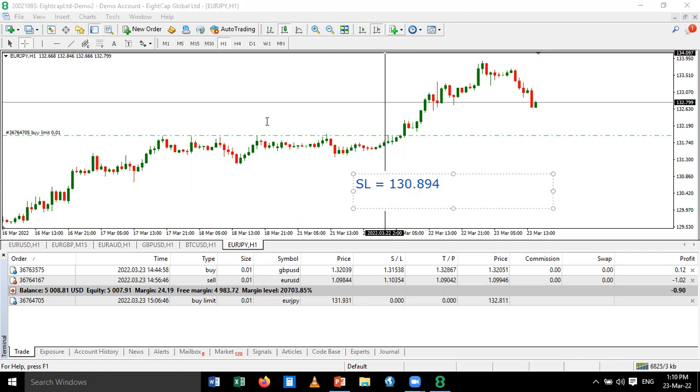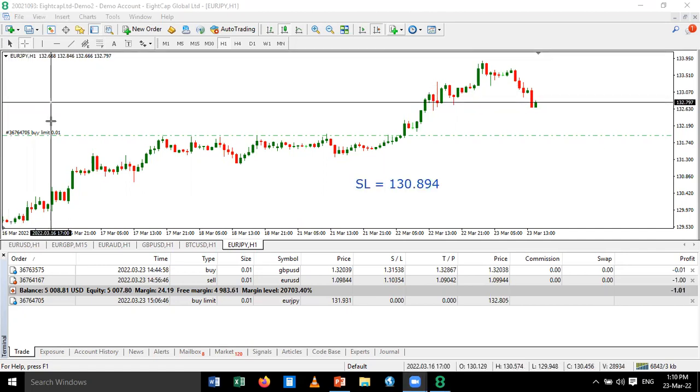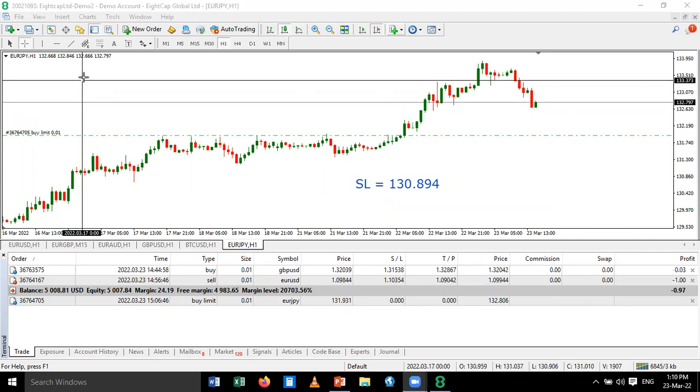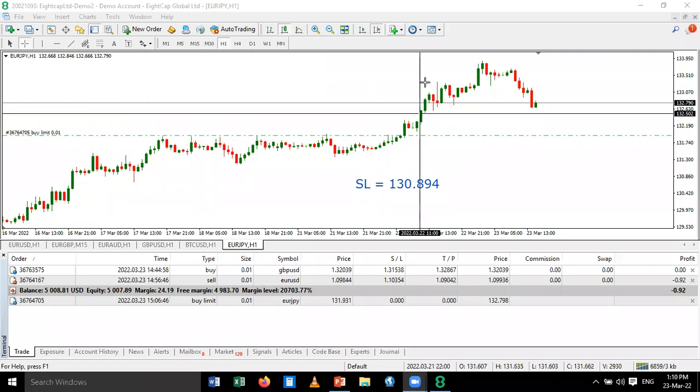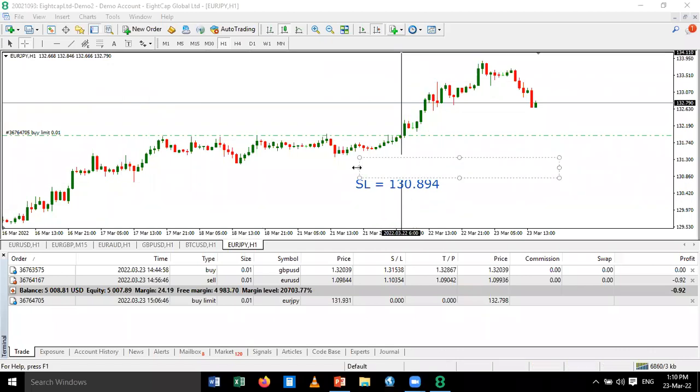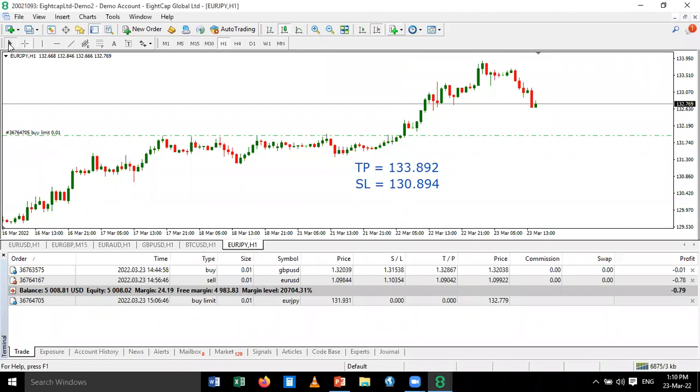Then for my take profit, I can decide to use a price area above here, somewhere around this region, 133.892. If you look at the right-hand side of your chart, you'll see the price I just selected, 133.892, as my TP. So I've written down the price I want my take profit to be at and the price I want my stop loss to be at.